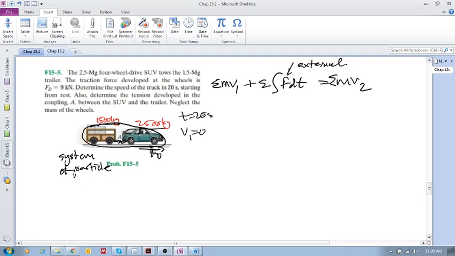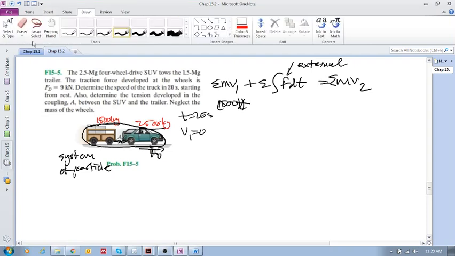So the sum of the mass here will be 1,500 plus 2,500, which is 4,000. That's the total mass of the system, right?